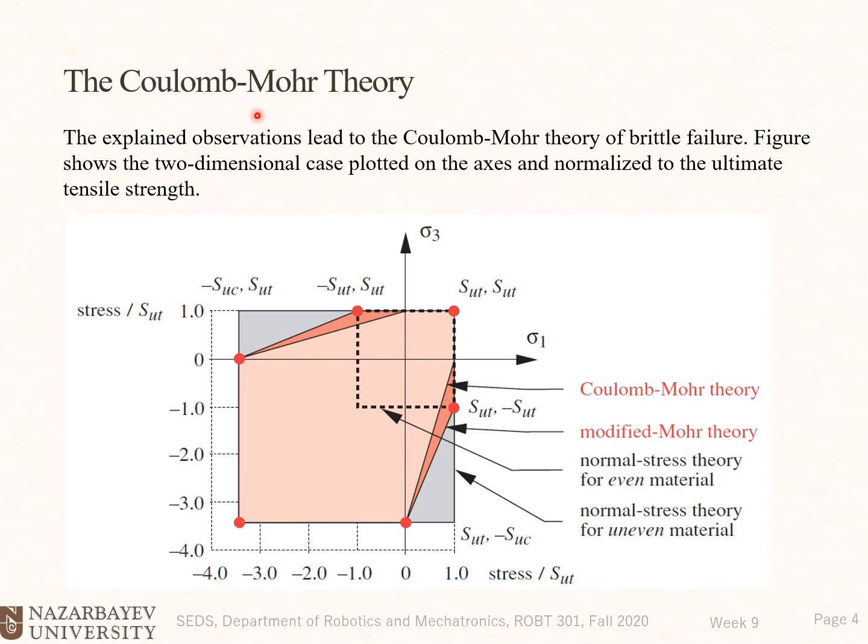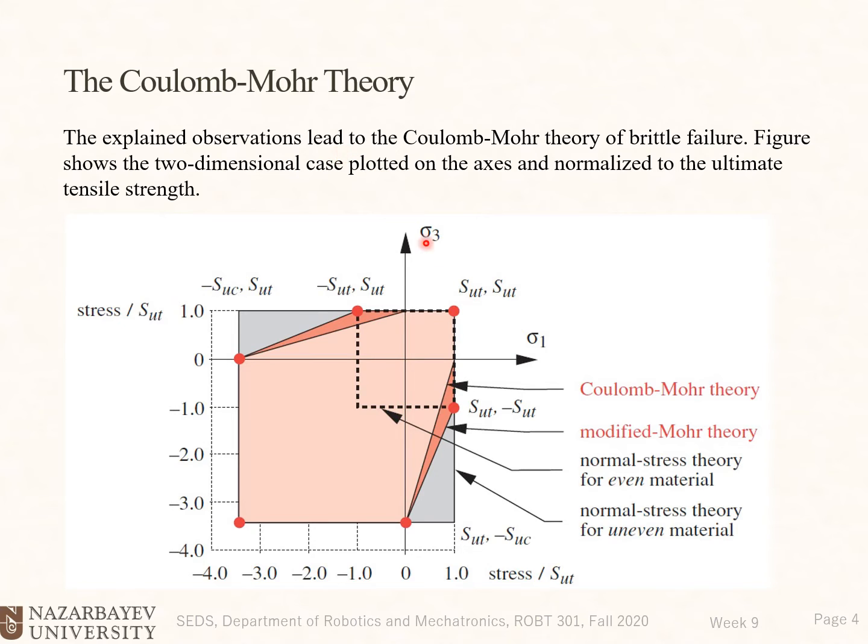The explained observations lead to the Coulomb-Mohr theory of brittle materials failure. What we mean by observation is that we discussed the mechanism behind failure for brittle materials in tensile and in compressive loads.